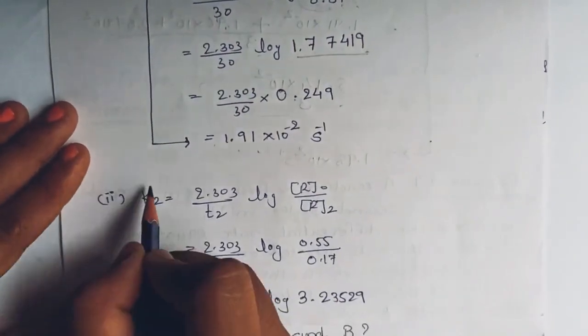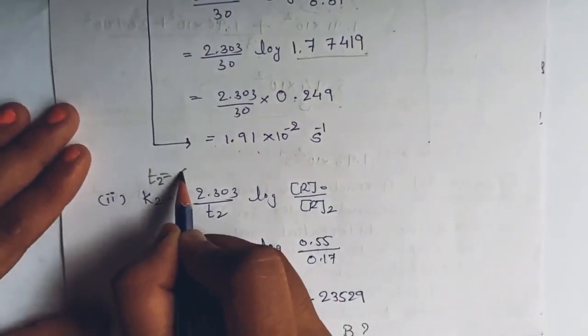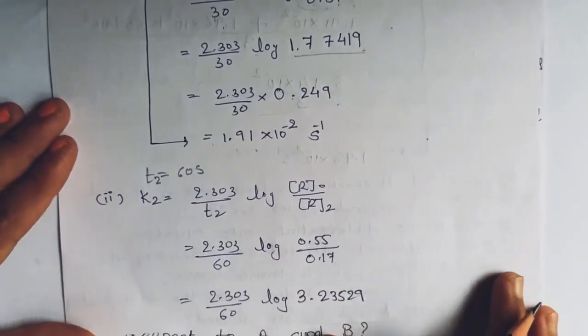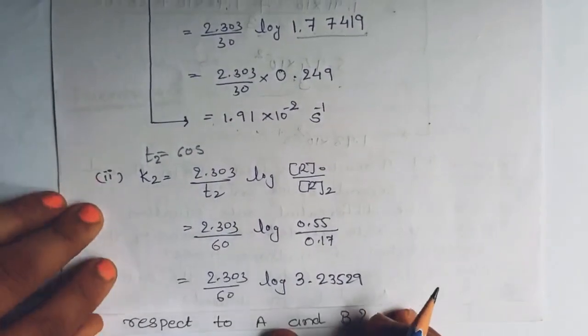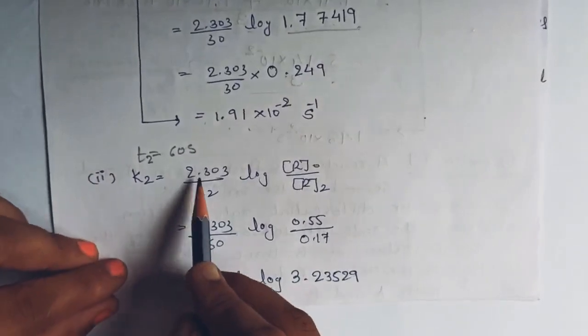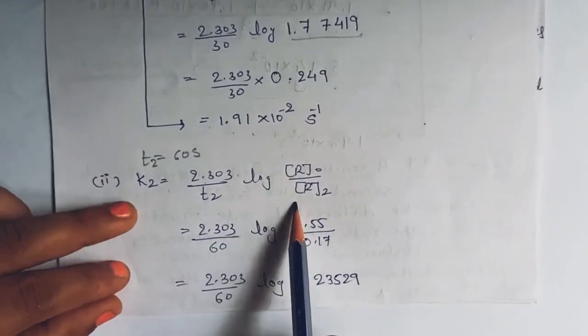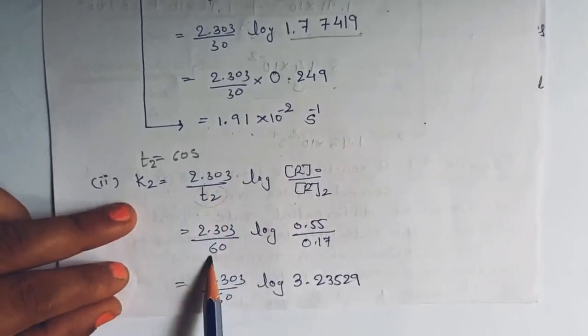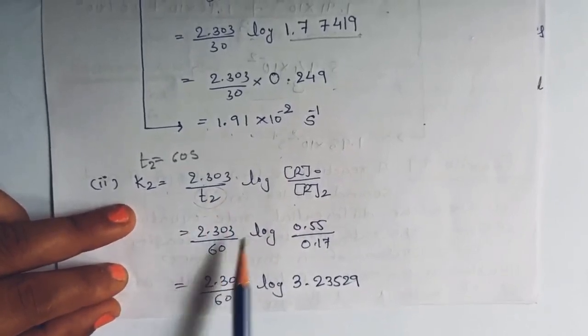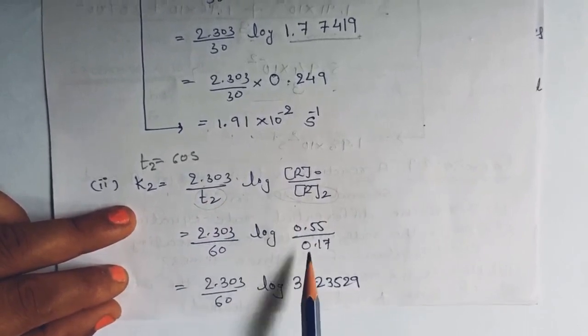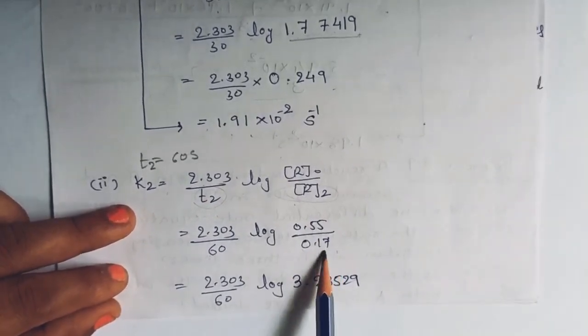Now similarly at t2 is equal to 60 second, we have to calculate the rate constant, right? So it will be K2 equal to 2.303 divided by T2 log R naught by R2, right? Here T2 is 60 and the concentration of ester at 60 second will be 0.17, right?